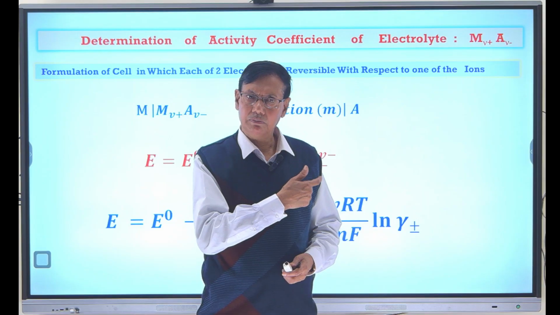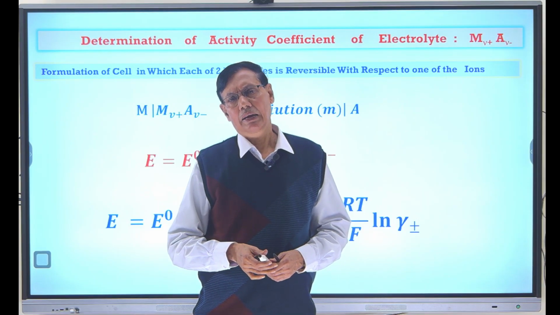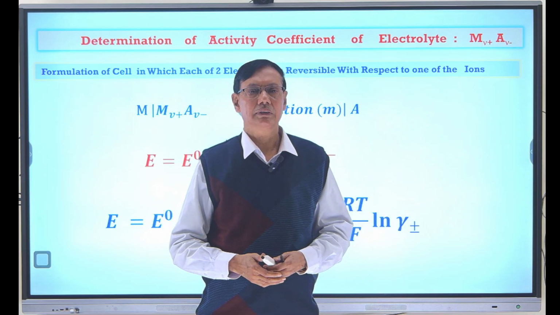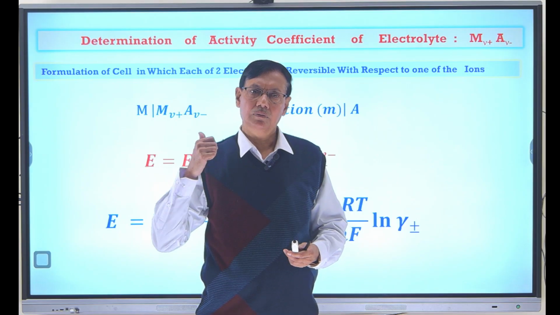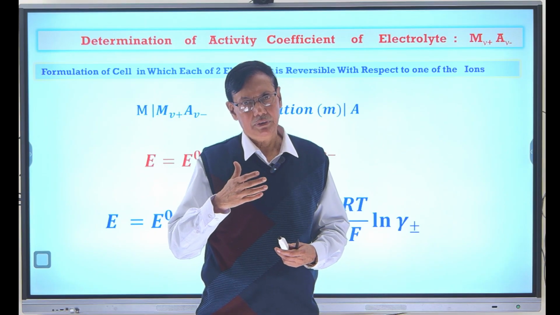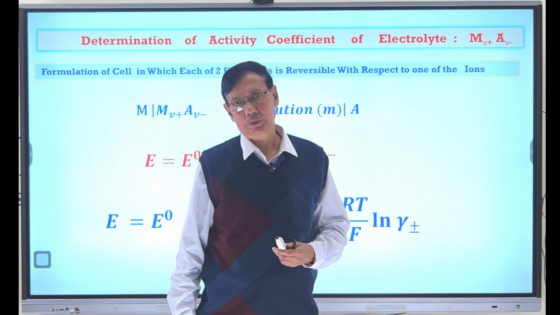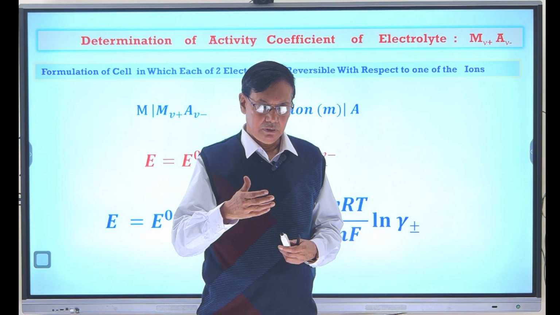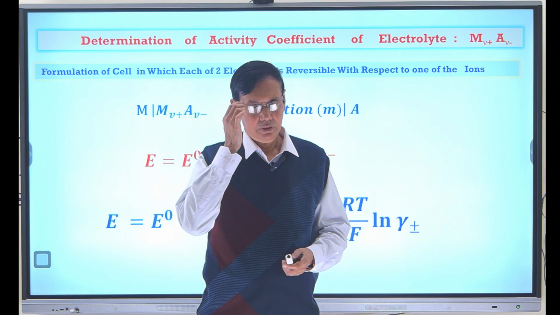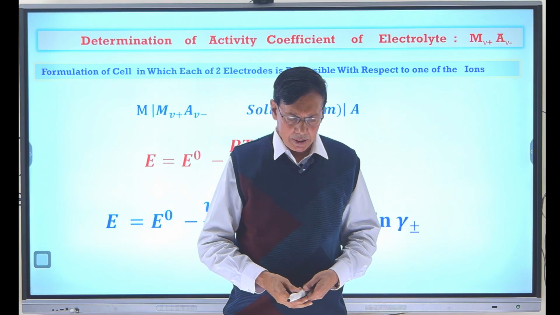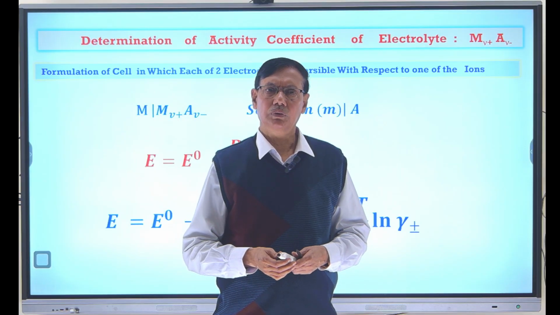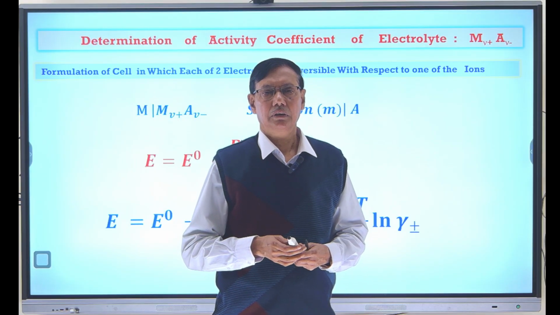But this method is very popular, and in any M.Sc chemistry laboratory having all the electrochemical setup, they can determine by the EMF method the mean ionic activity coefficient. And I suggest you please refer to all these good books where a large number of numerical problems are there. If you solve the numerical problems, then you can understand very well.